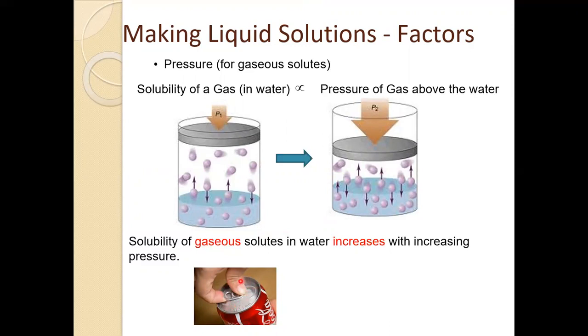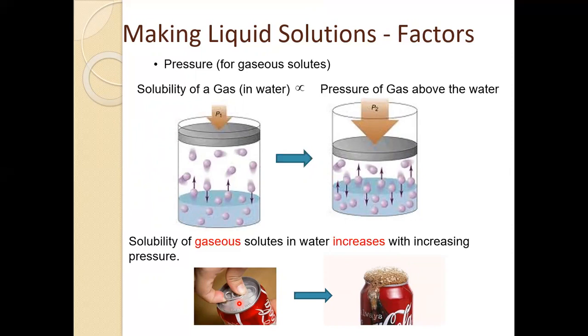When they can or bottle soda, they put the soda in there and they put a very, very high amount of additional carbon dioxide pressure in that small space between the liquid and the top of the bottle or the top of the can. As a result, the can is under really high pressure of carbon dioxide. Once we open the can or the bottle, we get a sound, which is due to the carbon dioxide escaping, all that excess carbon dioxide.